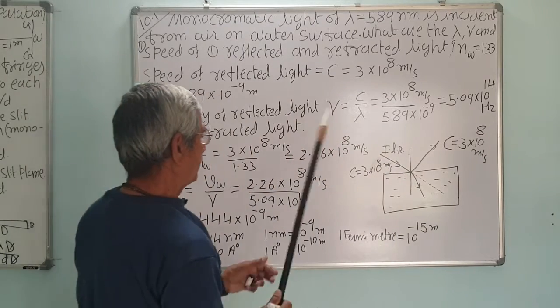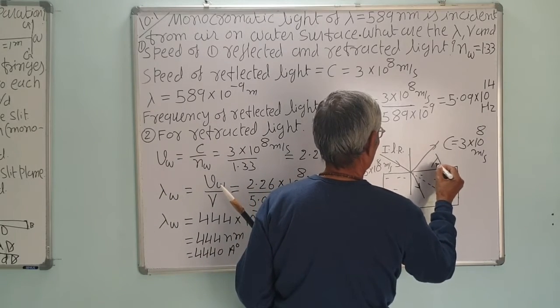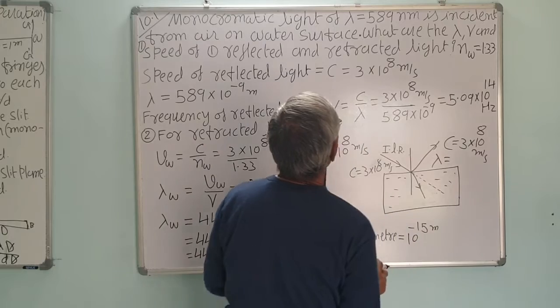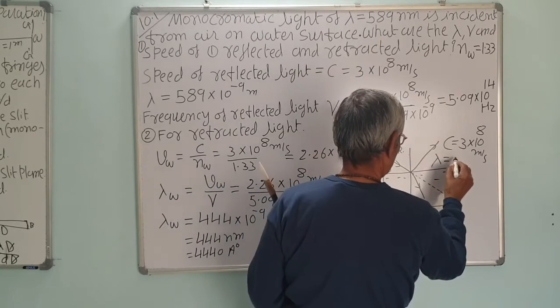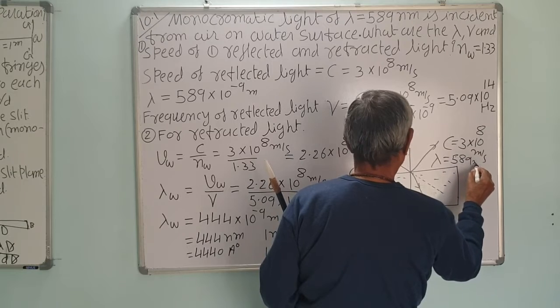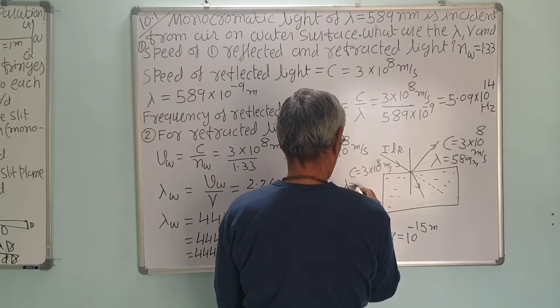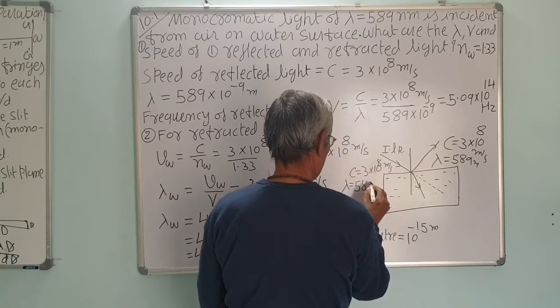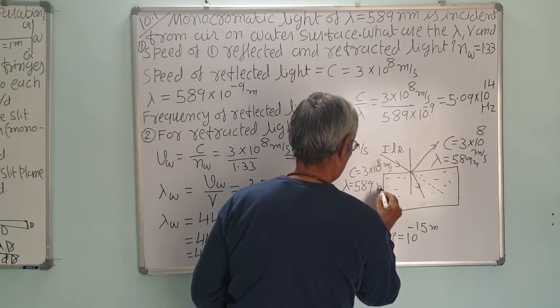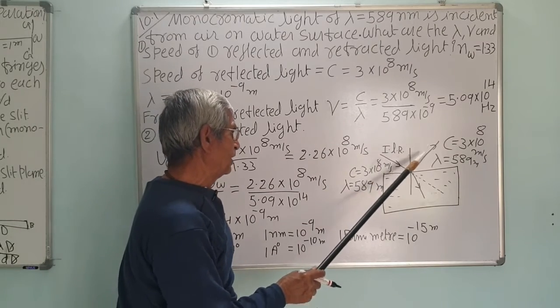The wavelength also will be the same, lambda is also the same, 589 nanometer. Because the velocity is the same, lambda is also the same.